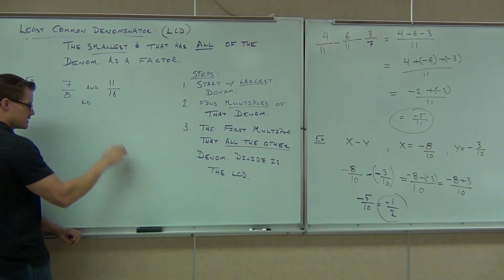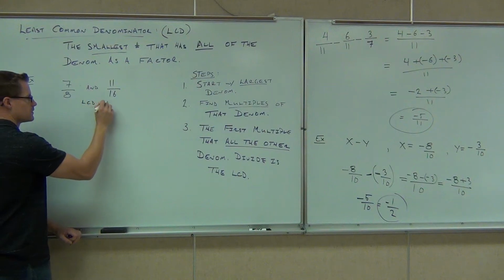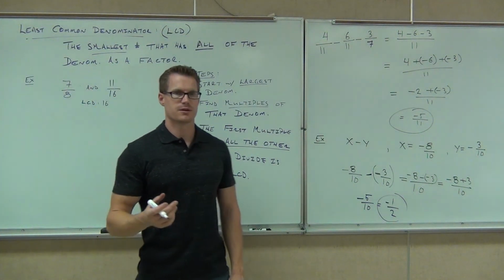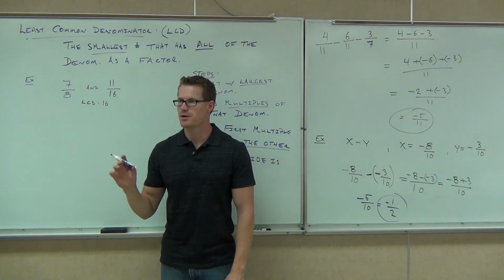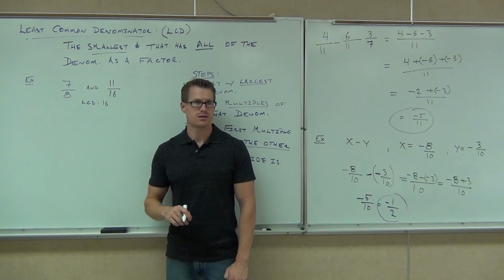We're going to write LCD is 16. That's the first number that both of those denominators divide. Is there anything smaller than 16 that both 8 and 16 divide? No. Is there anything bigger? Oh, yeah. Sure, there's lots of stuff bigger.